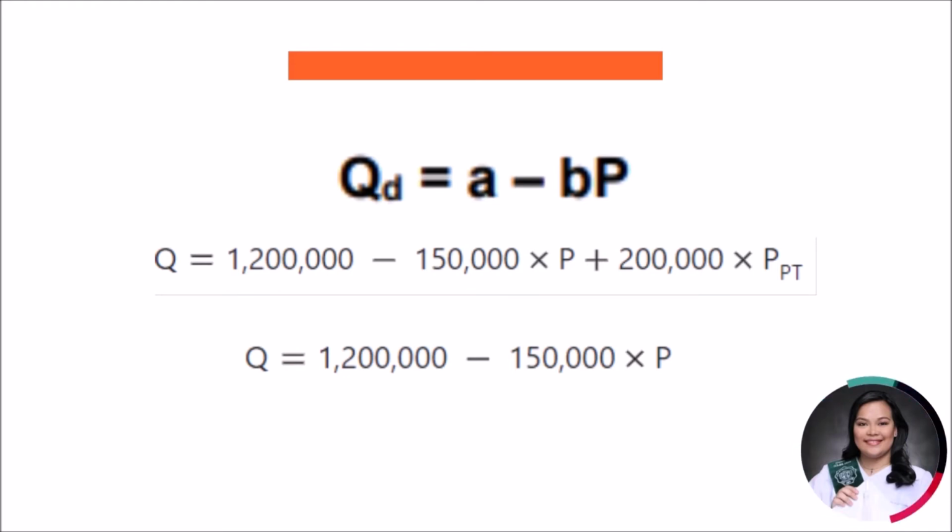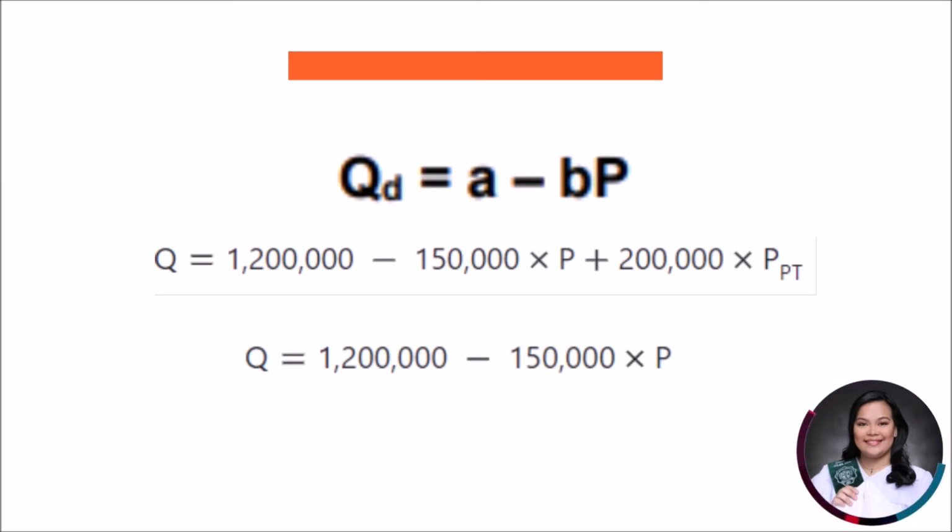The P component has a negative sign, which shows that with each dollar increase in charge per kilometer, quantity demanded will drop by 150,000 kilometers per day. The P_PT component, on the other hand, has a positive sign, which means that a $1 increase in public transport charge will result in an increase in demand by 200,000 kilometers.